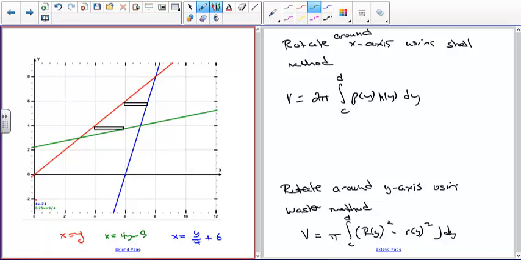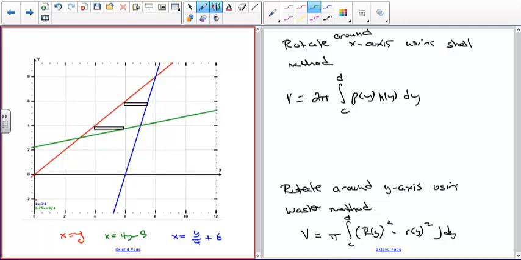So, doing the shell method, you can see that for part of the interval, the red curve is on the bottom. The red curve is always going to be on the bottom because that's the curve closest to my axis of rotation. And the top curve, for part of the interval, is the green curve, and for part of the interval, it's the blue curve. You have to use the y limits in this case, not the x limits.